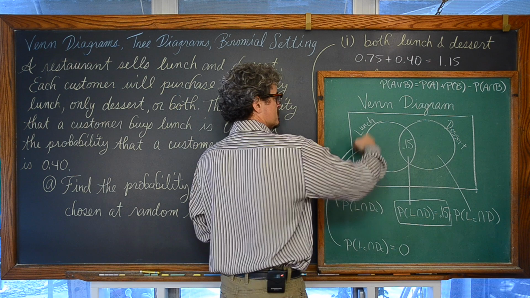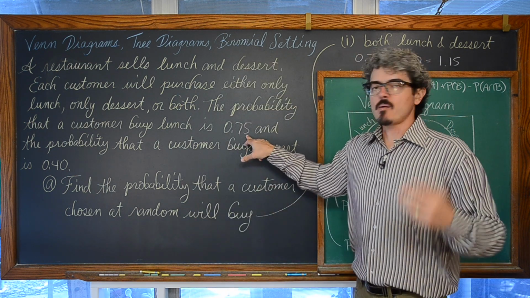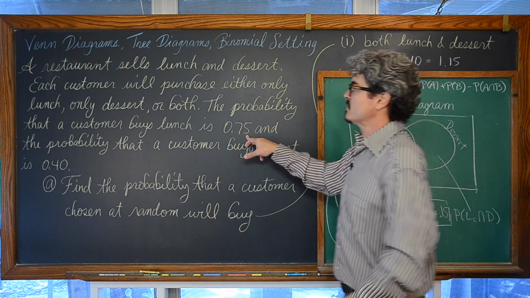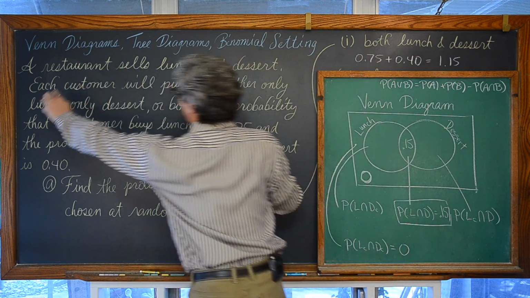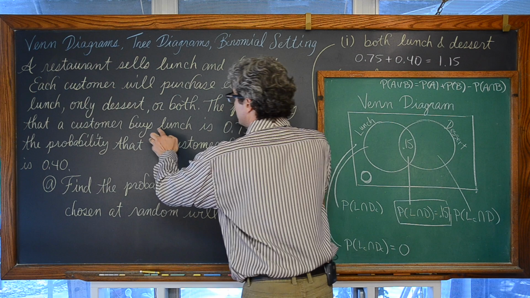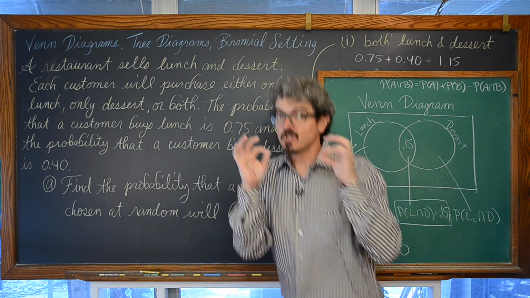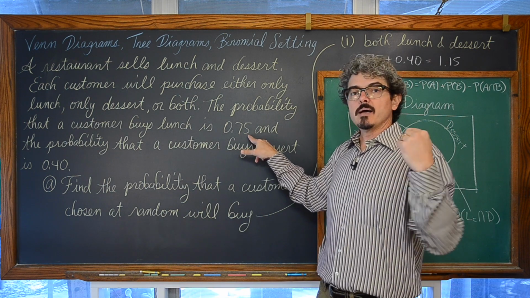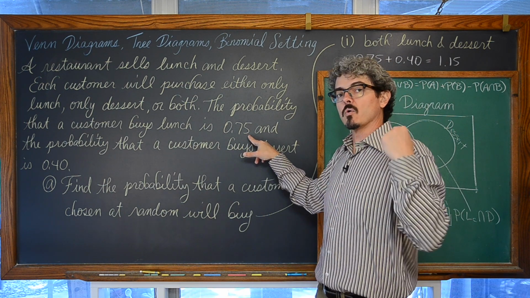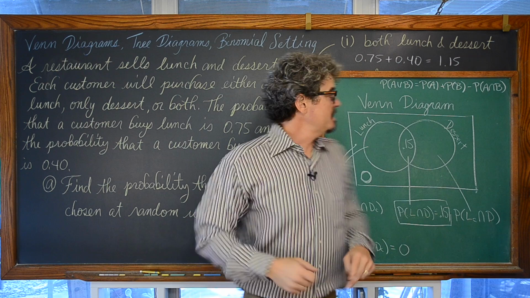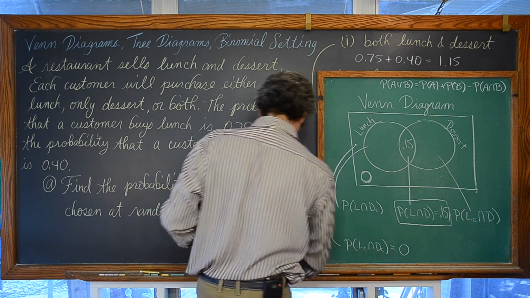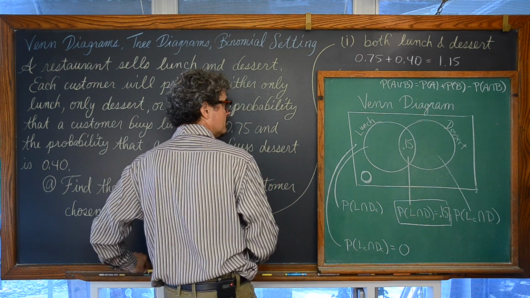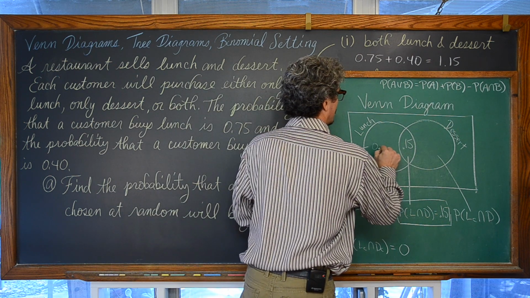This entire lunch circle, we were told that the probability of someone buying lunch, now watch this language too, the word only is not there, so this includes that person buying lunch only or lunch and dessert. So these two parts have to add up to be 0.75, which means that this part here has to be equal to 0.60.